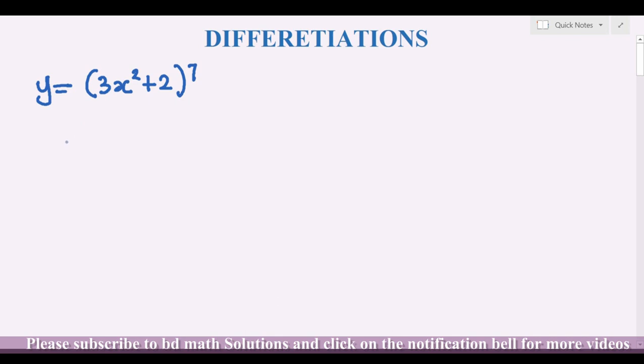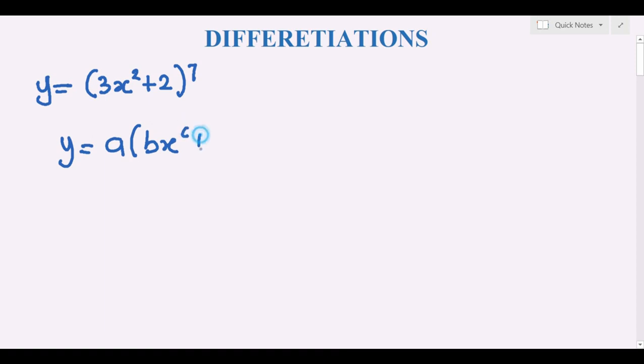If we have a general function y is equal to a into (bx raised to the power c plus d) all raised to the power m, where a, b, c, and d are constants.